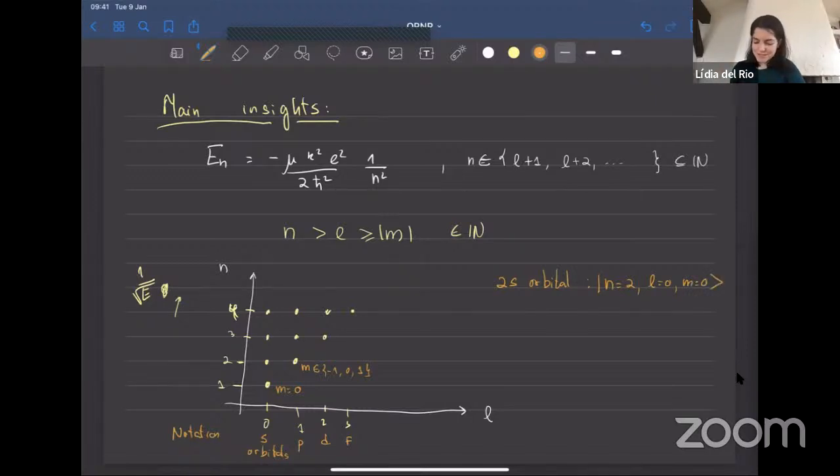Or if they say 3p orbital, this means n equals 3, L equals 1, and M, there are still several options here. So if you see this popping up a lot in chemistry, it comes from here. Good.